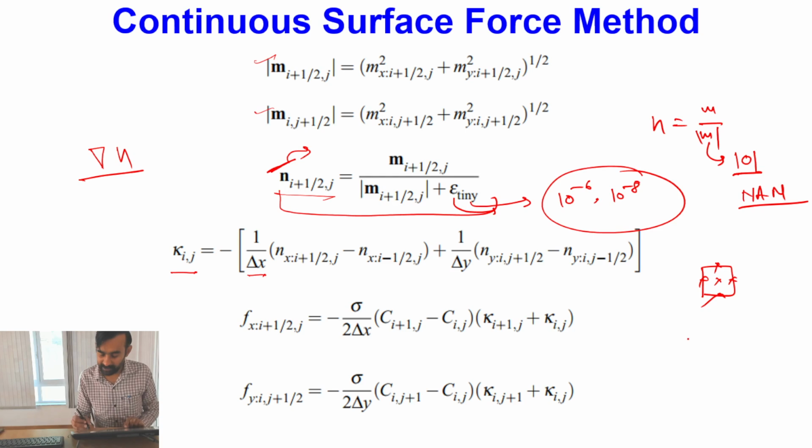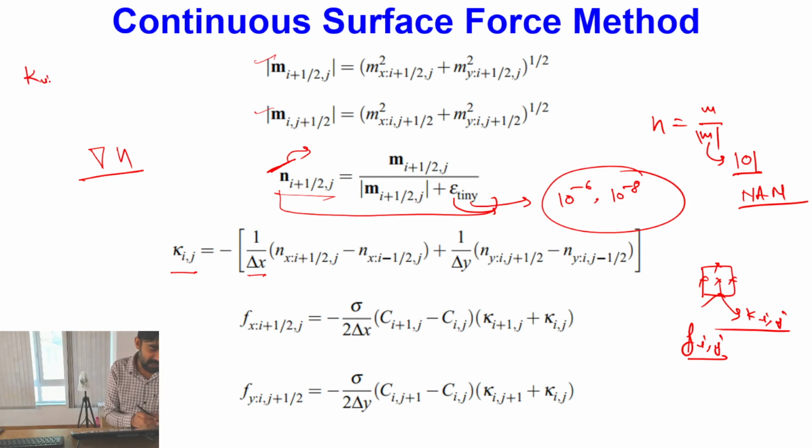Because ultimately, if I am trying to calculate surface tension at ij, where the point is the center of the node, then curvature also I must calculate with reference to point ij. So whenever I calculate curvature with reference to point ij, I can write it as minus del n by del x plus del n by del y.